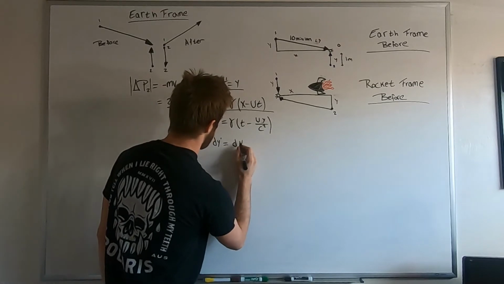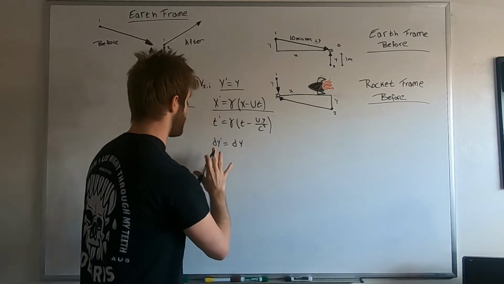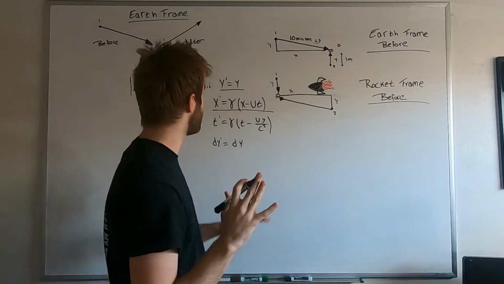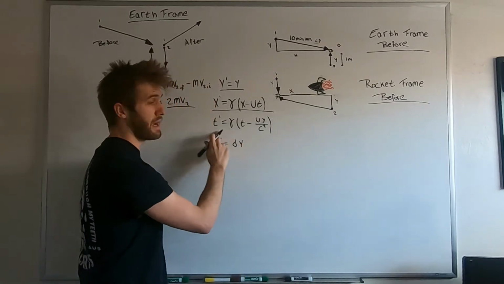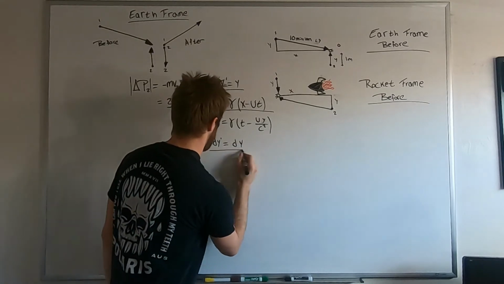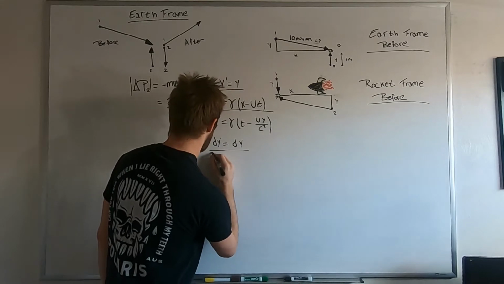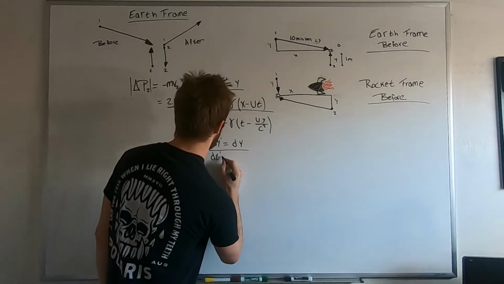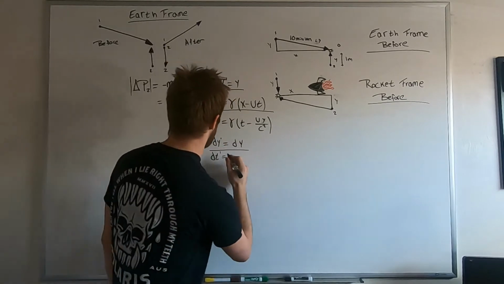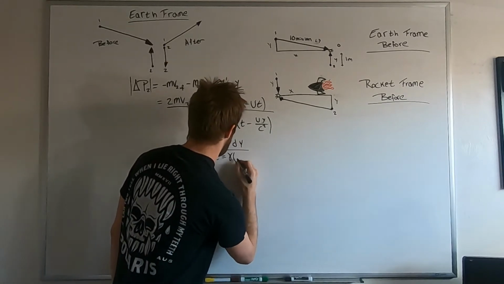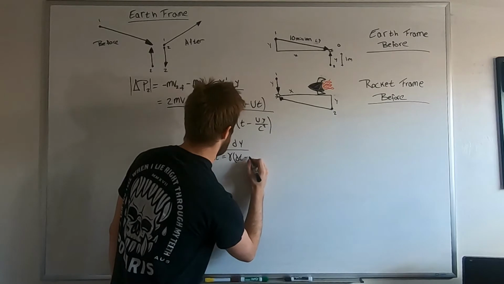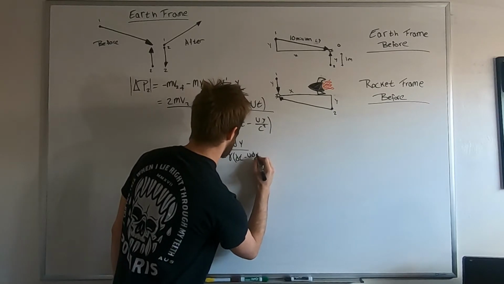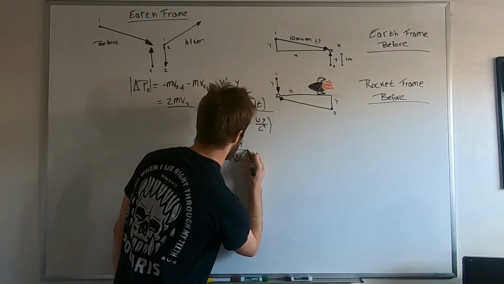We have dy, and that we're obviously also going to be dividing it by our time variable. So we're going to have dt prime, which is equal to our gamma factor, gamma times dt minus u dy over c squared. Okay?